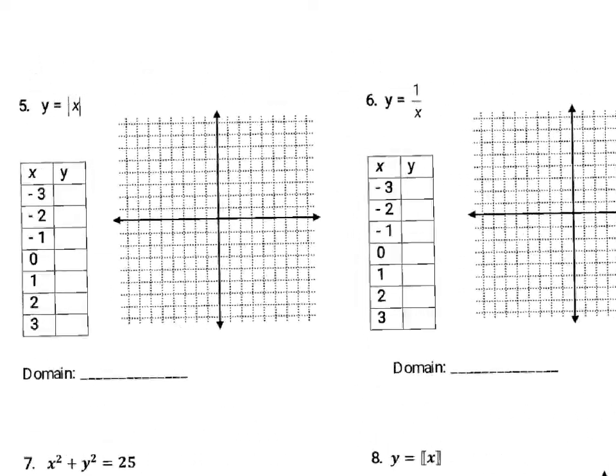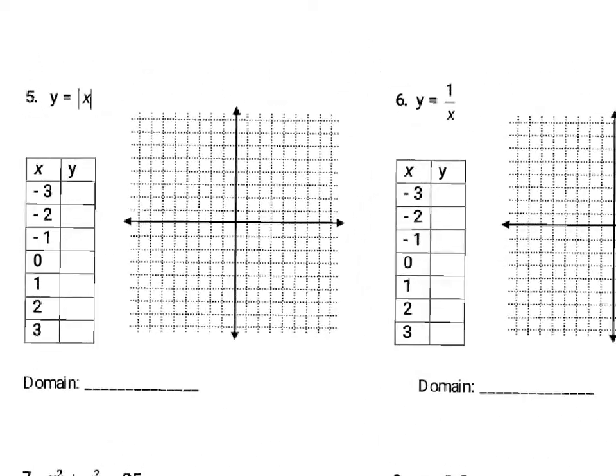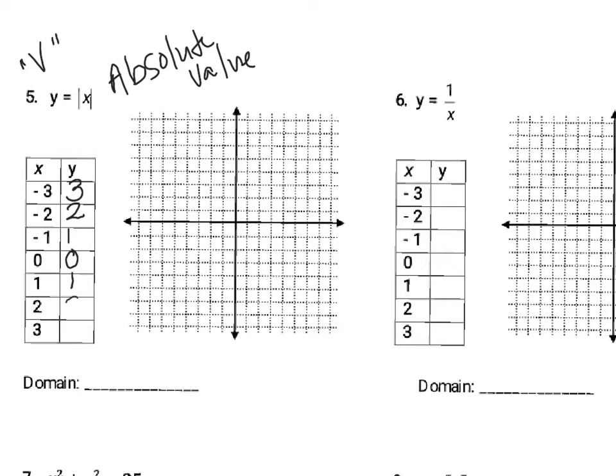This is the absolute value function, and I think you guys remember that. An absolute value forms a V shape, and absolute value means always positive. So when I plug in -3, I get out +3. -2 gives me +2, but then when you plug in positive numbers, you don't switch the sign to negative, it just stays positive.